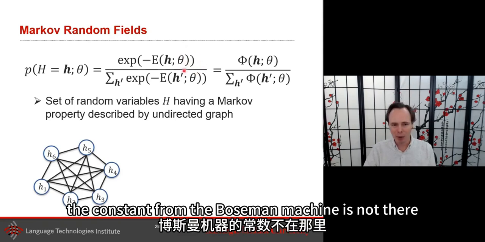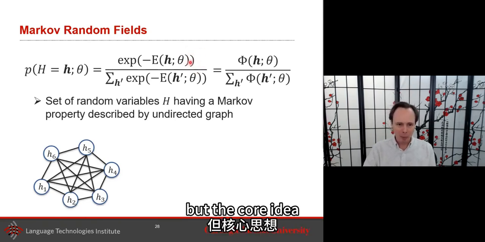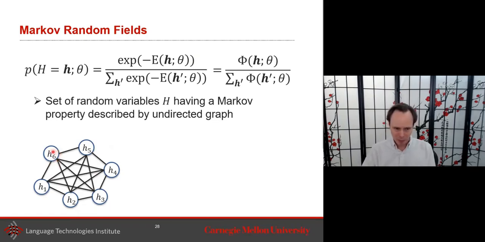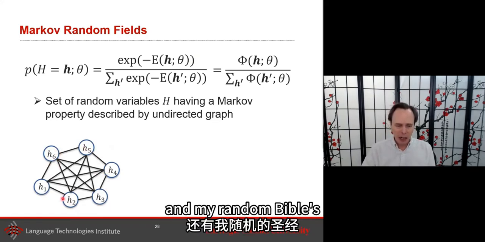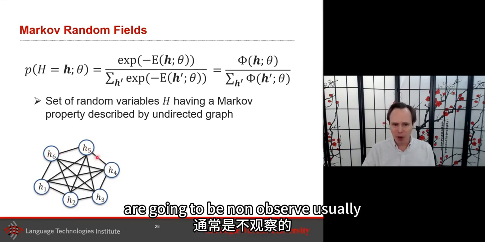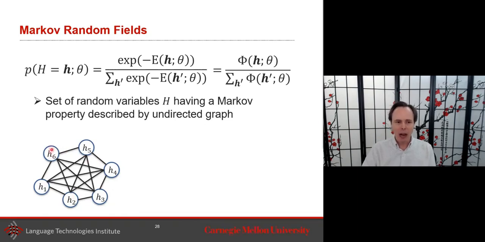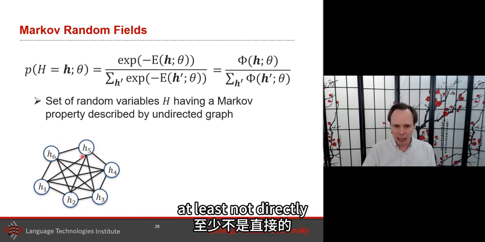The constant from the Boltzmann machine is not there. But the core idea is the same: I have random variables, and my random variables are usually non-observed, at least not directly.